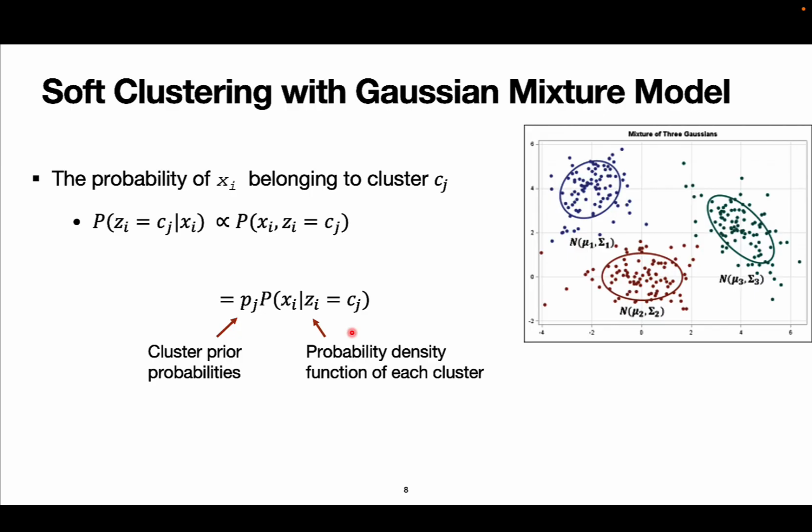In GMM, the likelihood comes from a Gaussian with a mean and a standard deviation. So as a result, when we multiply the prior and the likelihood, we get a score for each cluster that is normalized to the probability of soft clustering.